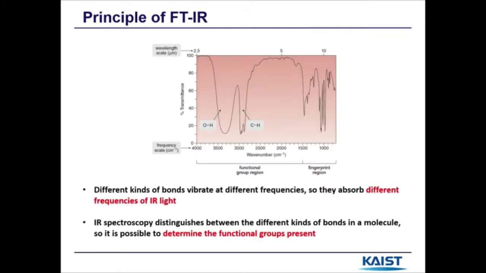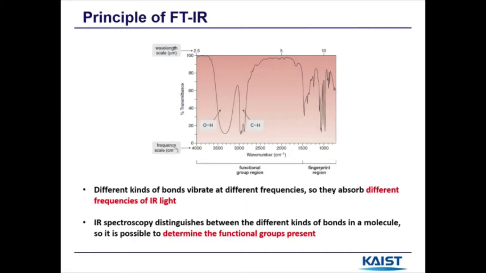These vibrations are quantized, so they occur only at specific frequencies, which correspond to the frequency of IR light. When the frequency of IR light matches the frequency of a particular vibrational mode, the IR light is absorbed, causing the amplitude of the particular bond stretching or bending to increase.